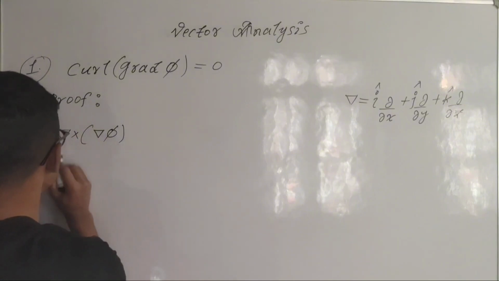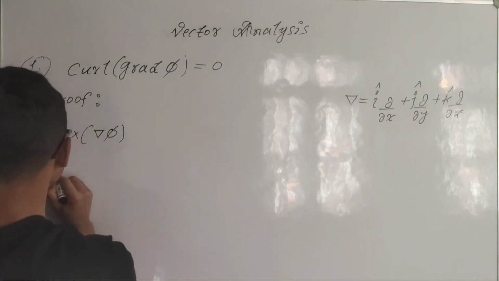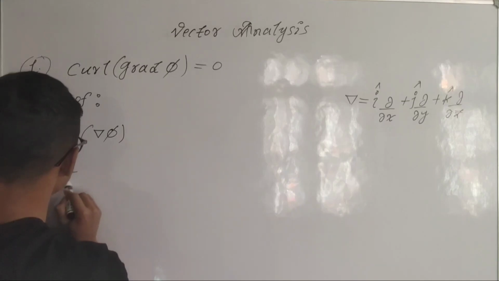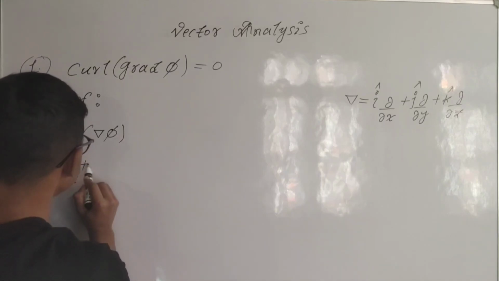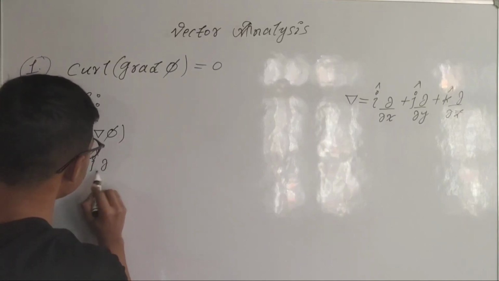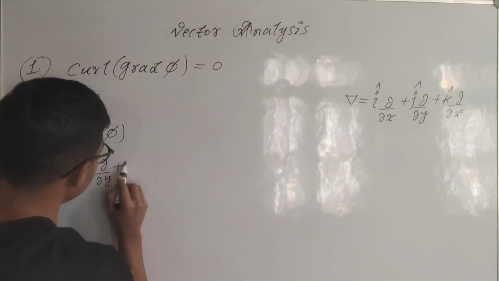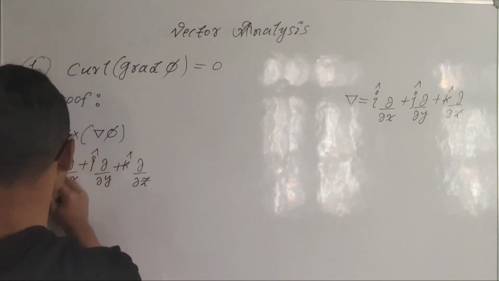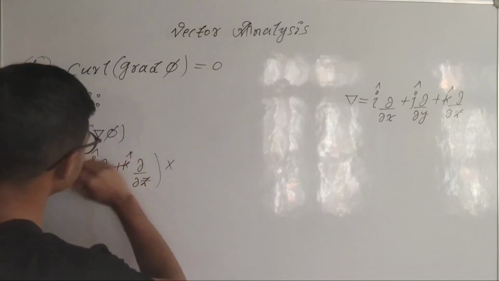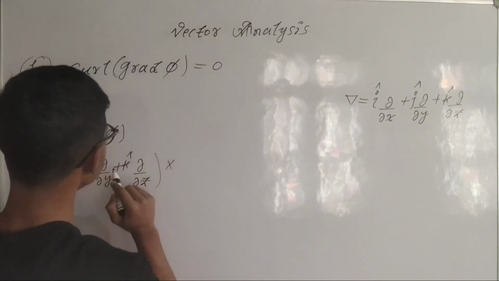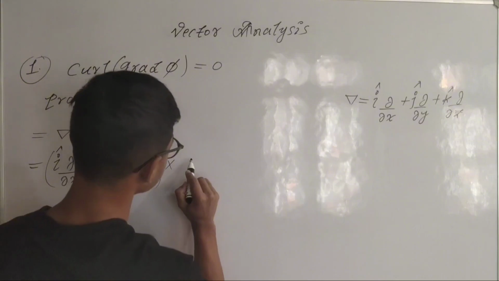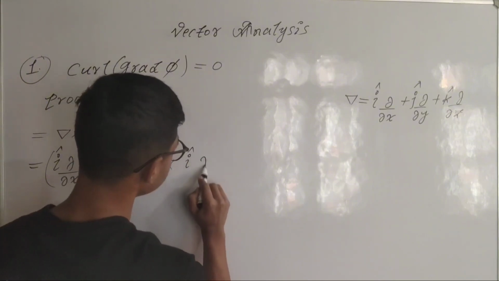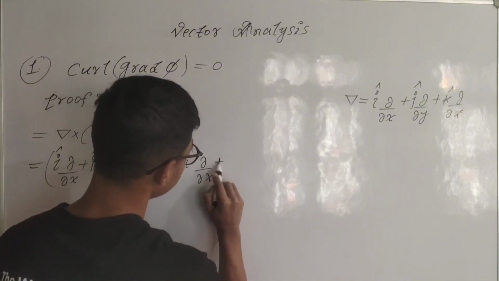Okay, I will be substituting the value, which is i times del by del x plus j times del by del y plus k times del by del z, cross phi, which is a scalar point function.